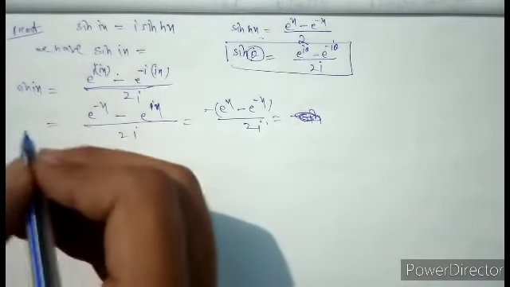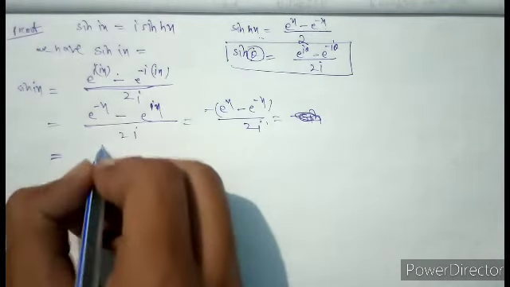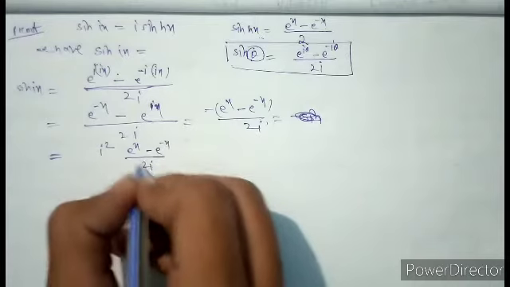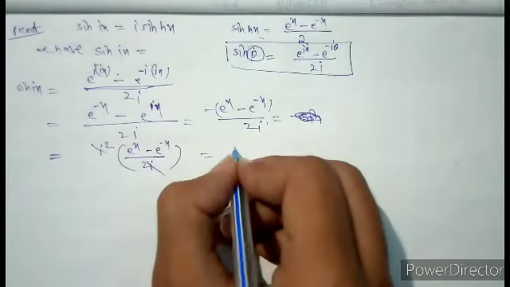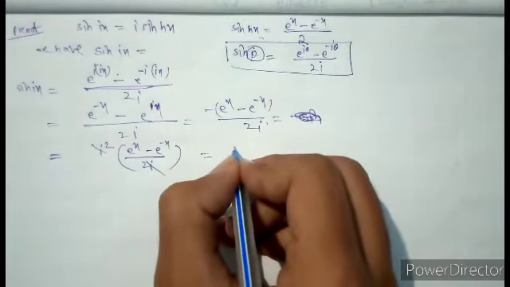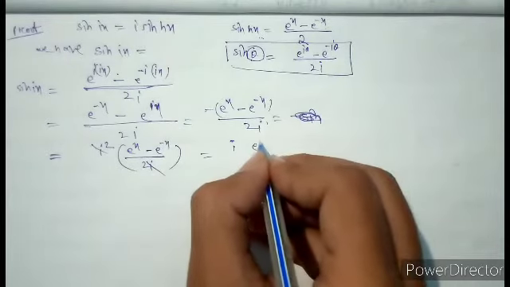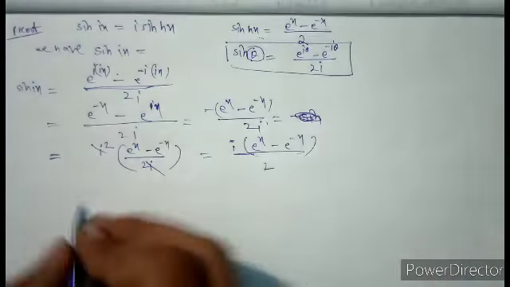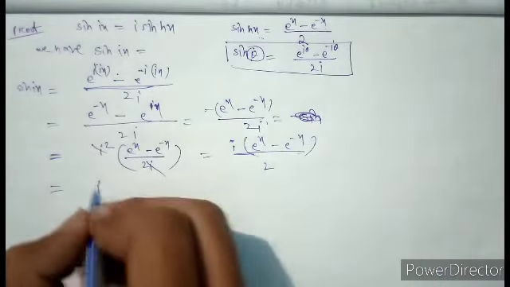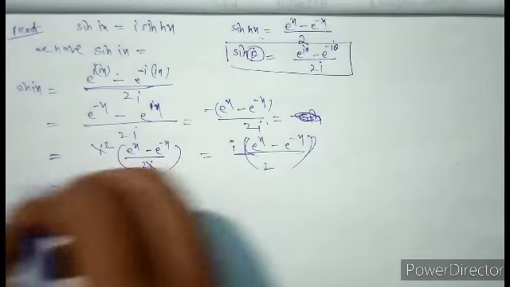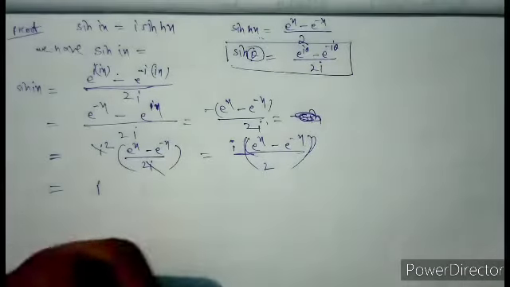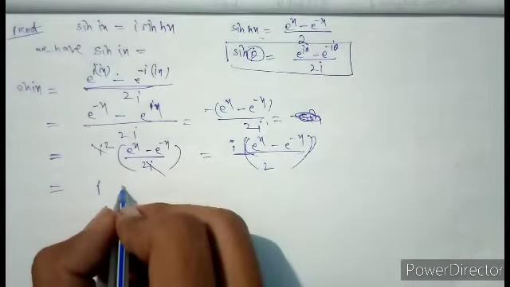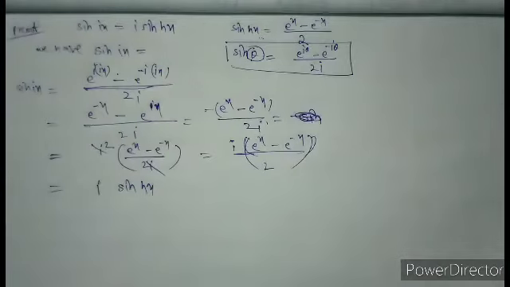So we replace this minus with i square, then (e to the power x minus e to the power minus x) upon 2i. Then cancel out one i from denominator and numerator. The left one is i multiplied with (e to the power x minus e to the power minus x) upon 2. We know this is the formula of sinh x, that is i sinh x. This is proved.